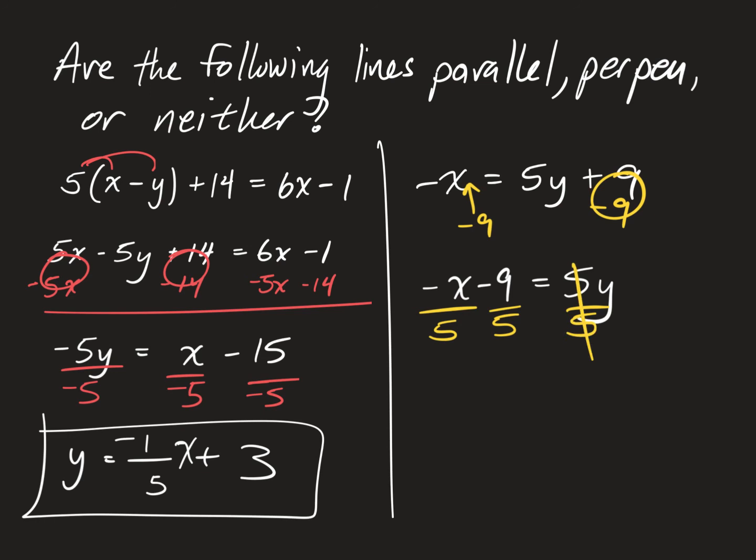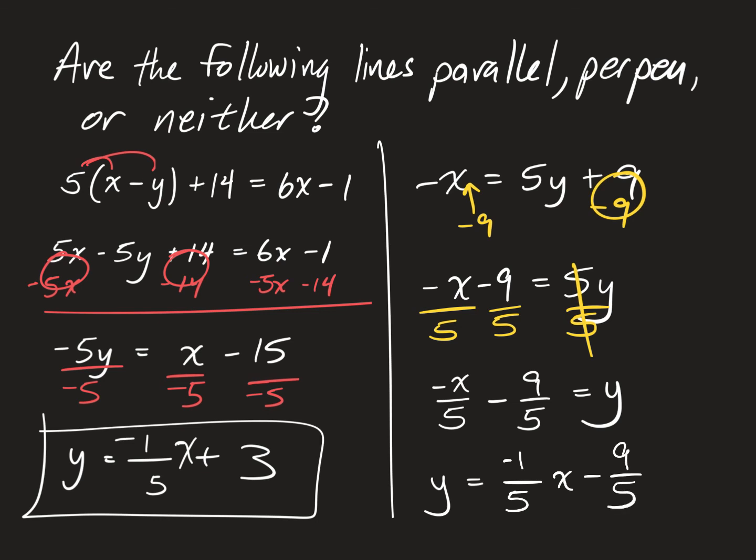All right, so we're left with negative x over 5 minus 9 over 5 equals y. And I'm going to rewrite this equation with the y on the left side. And in addition to that, I'm going to rewrite this so the x is behind the fraction. So we've got negative 1 over 5 x minus 9/5. All right, so here is the equation solved for y.